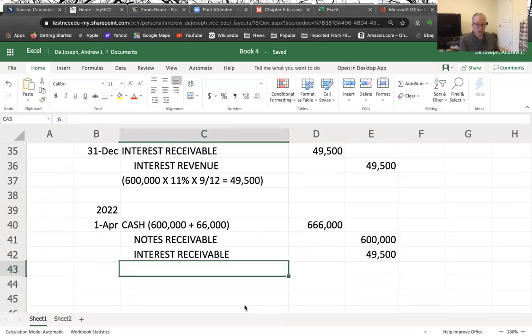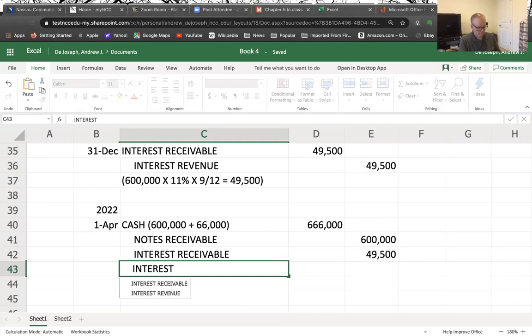So I'm going to credit interest revenue now. I can take the coward's way out and say, what number do I need to balance the entry? 666 minus 600 minus 49,500. I can do that, or I could calculate that number.